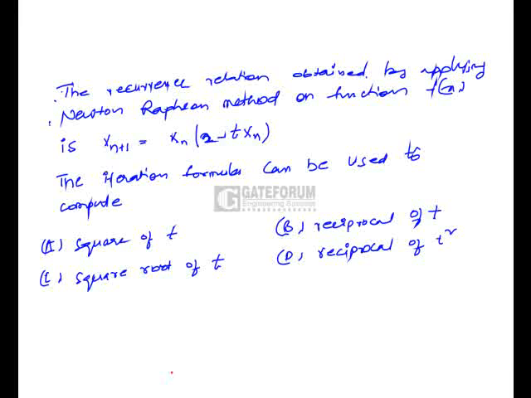The recurrence relation obtained by applying Newton-Raphson method on function f of x is xn plus 1 is equal to xn into 2 minus t xn. The iteration formula can be used to compute option A square of t, option B reciprocal of t, option C square root of t, option D reciprocal of t square.